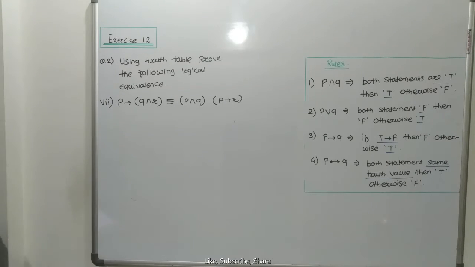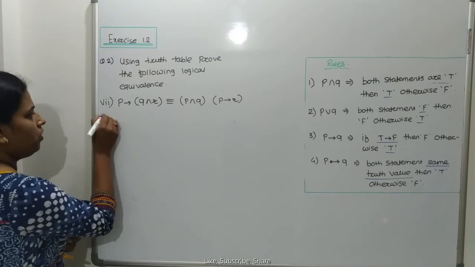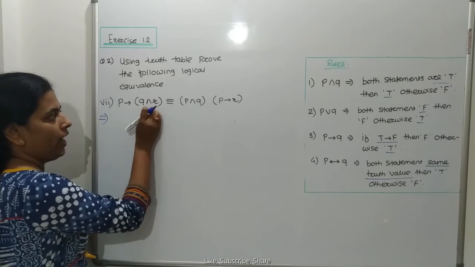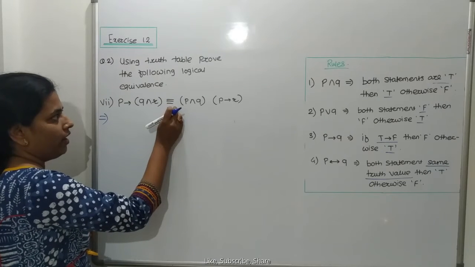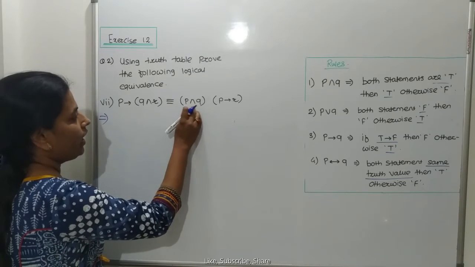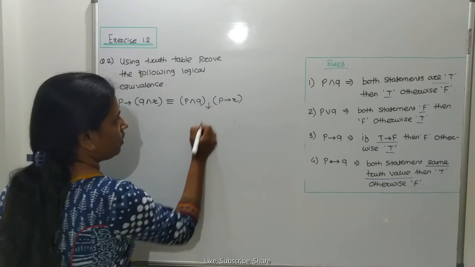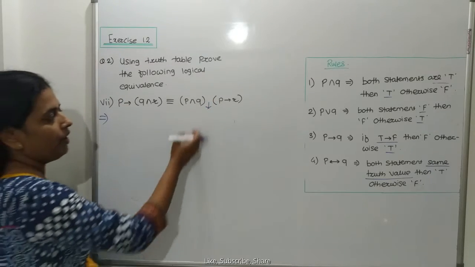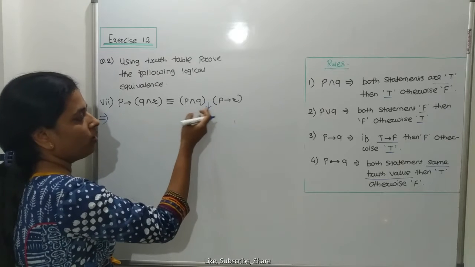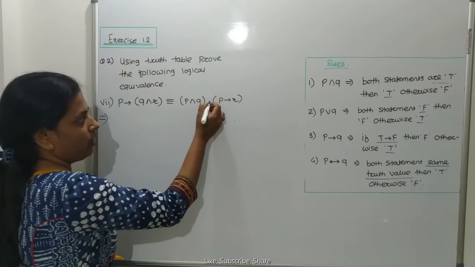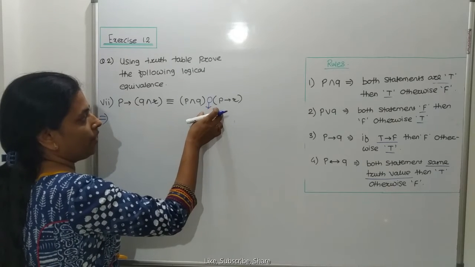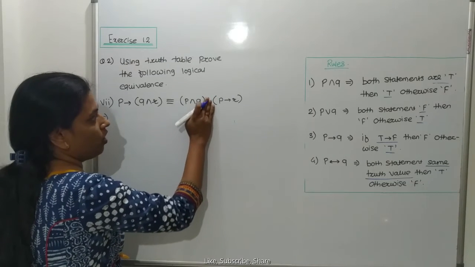Next question, question number 7. So observe this question. What we have to see here is P implies (Q and R) equivalent to what? P and Q, and there is no symbol here. That means no symbol is provided here. It may be and, or, not, implication, double implication, but there is no symbol between these two statement patterns, so we cannot solve this question.